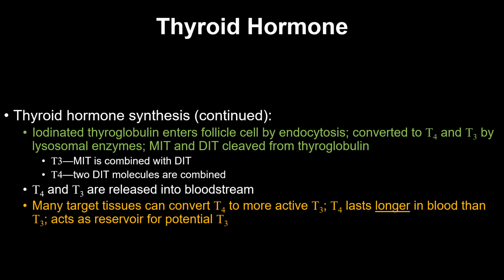Now, this iodinated thyroglobulin needs to enter the follicle cell through endocytosis, and then T3 and T4 are cleaved from the molecule in reactions that are catalyzed by lysosomal enzymes.